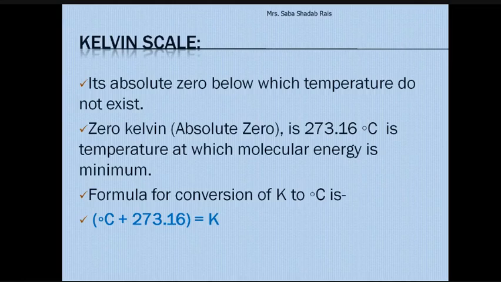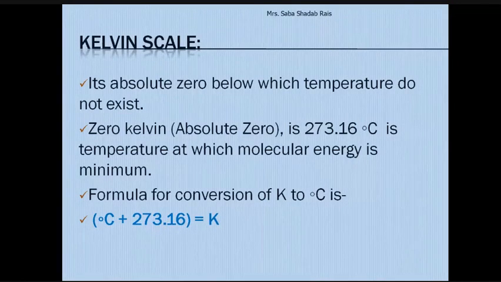That is the particular temperature we can consider. So 273 is the freezing point, and 373 will be the boiling point respectively. What we need to remember is that Kelvin is the same as Celsius, only there is a difference of 273.16.